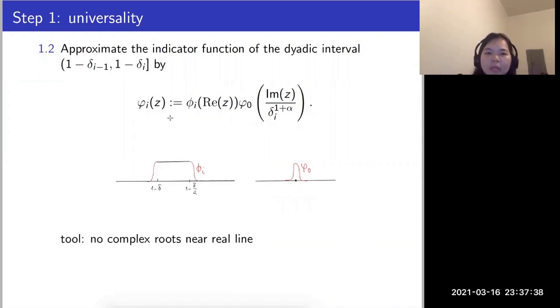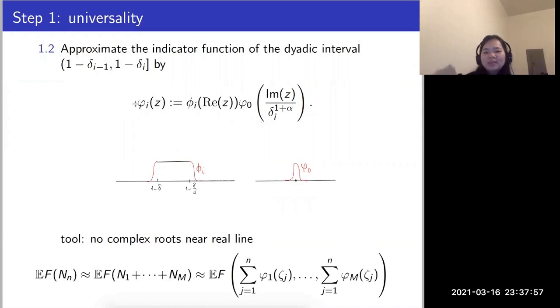And the tool to go from the indicator function to this smooth approximation is to show that there is no complex root near the real line, so that we can bring the real line to the complex plane. Now let me explain why we want to bring the real line to the complex plane.